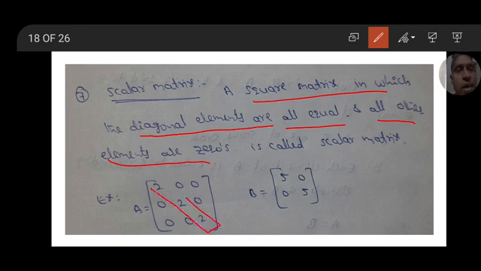In the first example, diagonal elements are equal to 2, 2, 2, remaining elements are 0, so it is called a scalar matrix. And next, matrix B is 5, 0, 0, 5. Here diagonal elements are equal to 5, remaining elements are zeros, therefore it is also a scalar matrix. Diagonal elements are equal, remaining elements are zeros, then it is a scalar matrix. This scalar matrix is also a diagonal matrix.